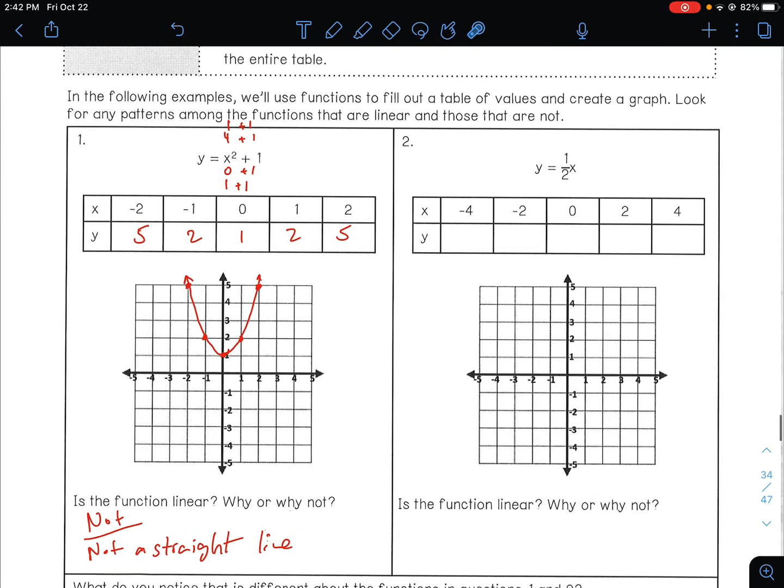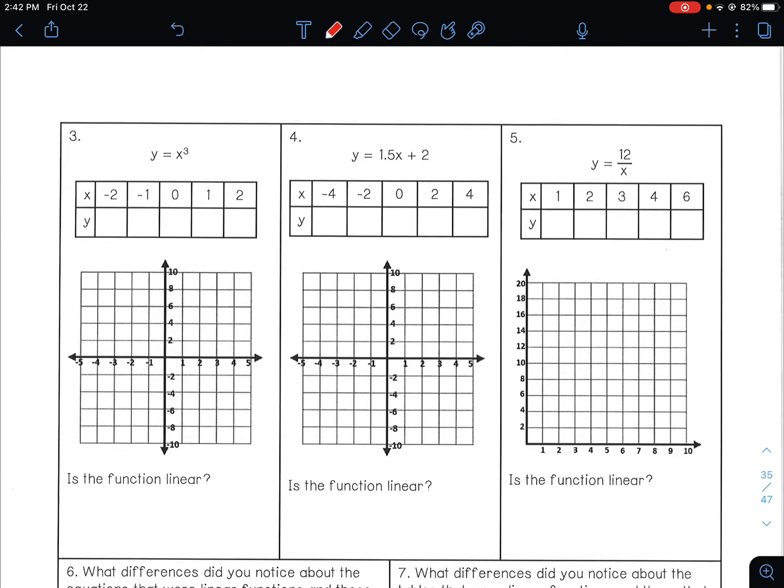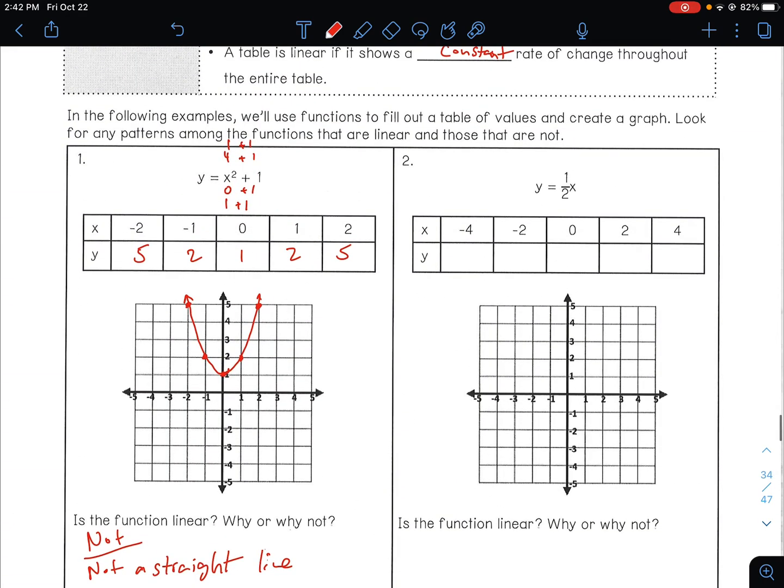y equals 1/2 x. I'm going to start with 0. When x is 0, y is also 0, because 0 times 1/2 is 0. 1/2 times 2 is 1, and 1/2 times 4 is 2. 1/2 times -2 is -1, and 1/2 times -4 is -2.